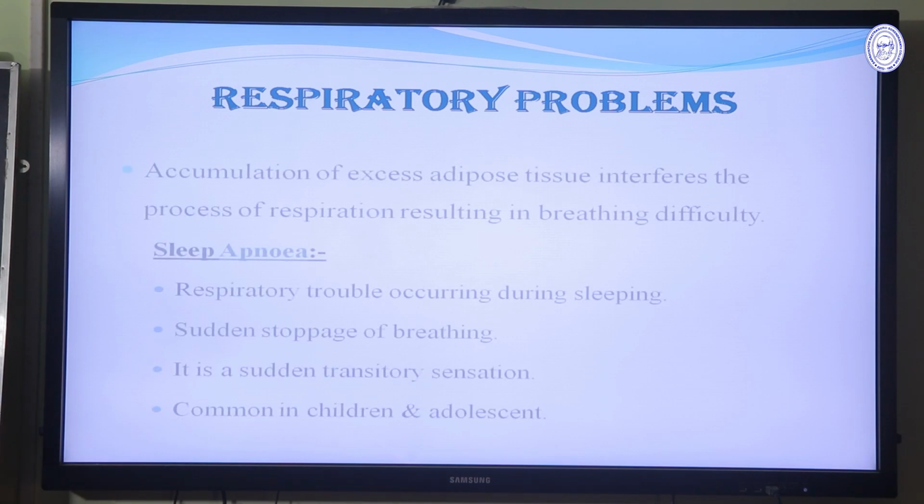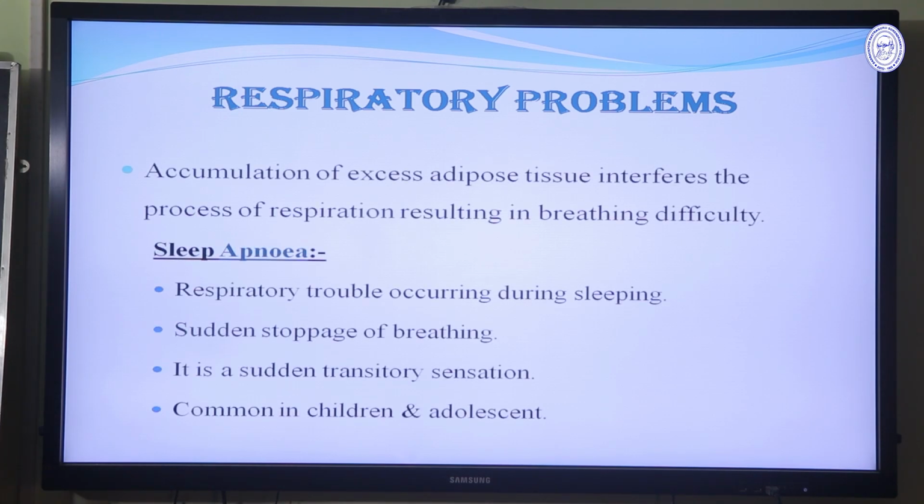Coming to the respiratory problems, that is a very important thing in sleep apnea, because a number of people with grade 3 obesity are suffering from sleep apnea, and they seriously require sleep management or therapy for managing this condition. Sleep apnea, as I told you earlier, is a sudden stoppage of breathing due to fatty infiltration in the abdomen.